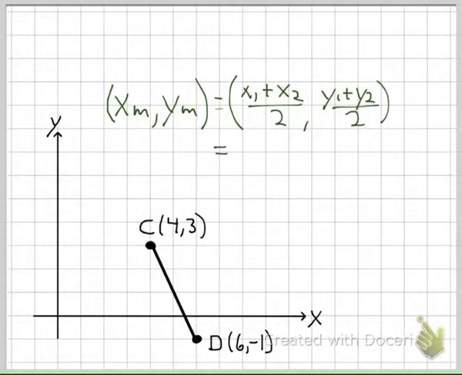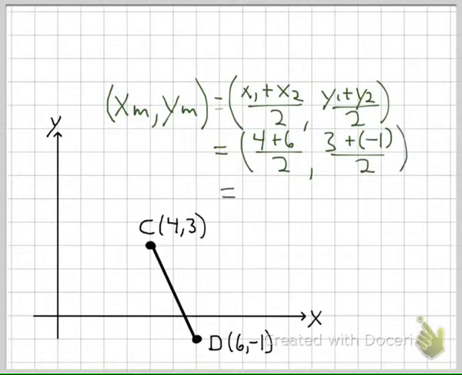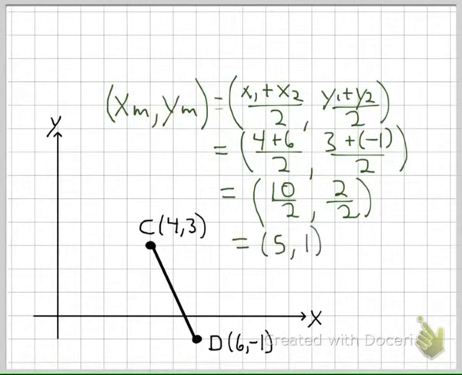Plug in the values we have for C and D. We get that 4 plus 6 over 2, and then 3 plus negative 1 over 2. We simplify and we get 10 over 2 and 2 over 2. So our coordinates for our midpoint are 5 and positive 1.